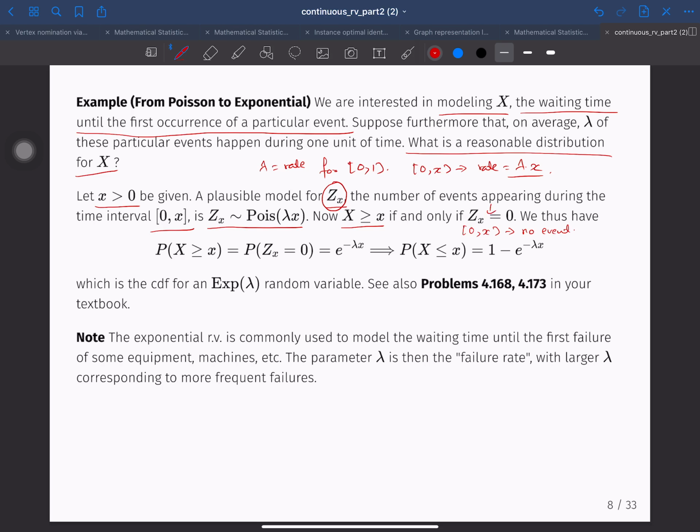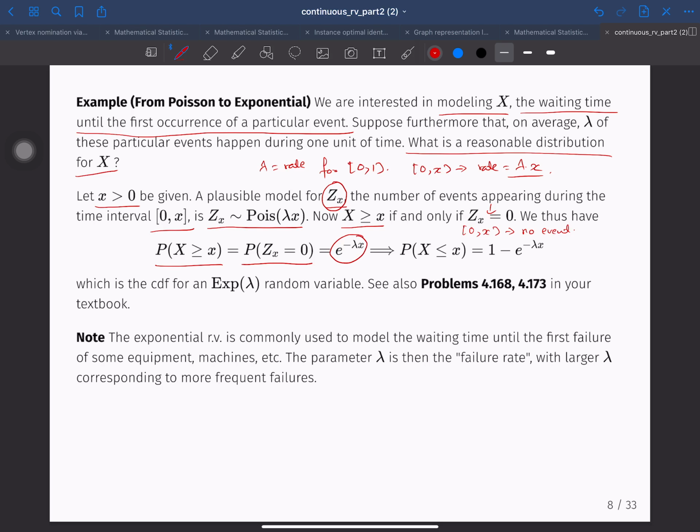So therefore, the event that capital X is bigger than little x is the same as the event that there are no events between time 0 and x, and that probability is simply e to the minus lambda x, from the probability mass function of a Poisson random variable with rate parameter lambda x.